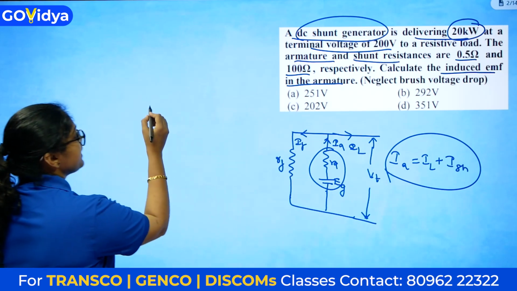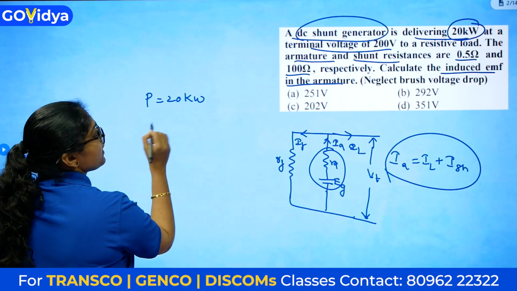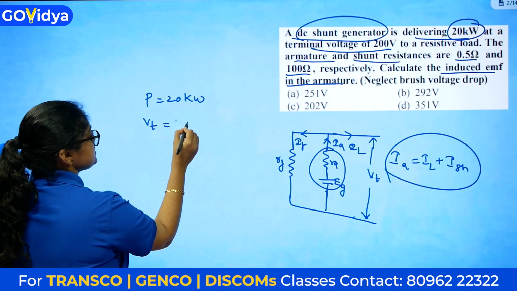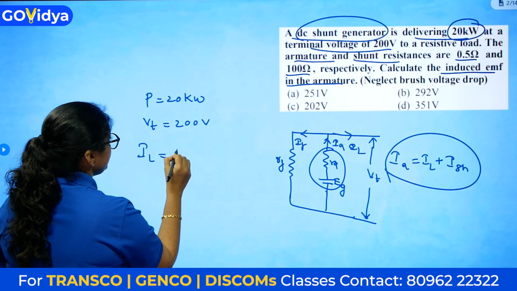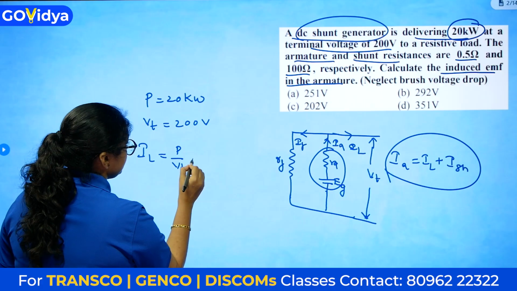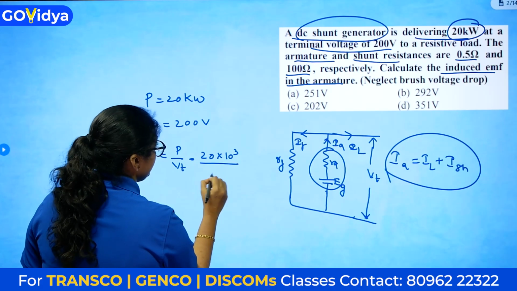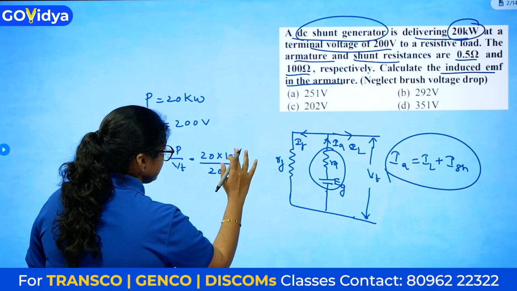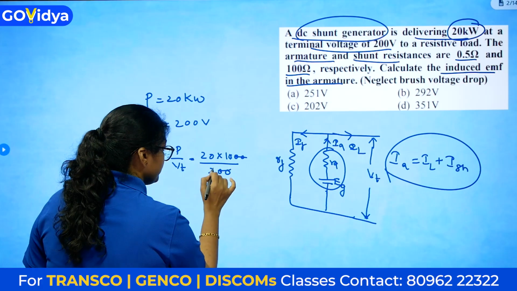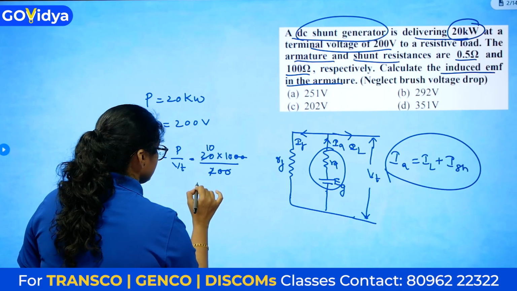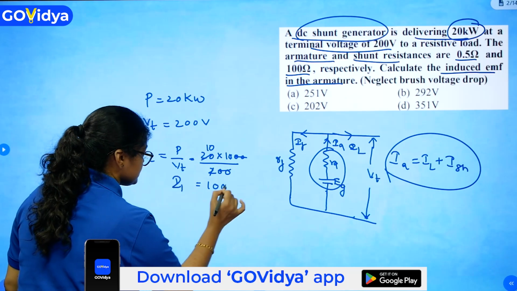We can find the current because they have given P is equal to 20 kilowatts and VT is equal to 200 volts. From this we will calculate IL. The formula is P by VT, that is 20 into 10 cube by 200, so IL is 100 amperes.